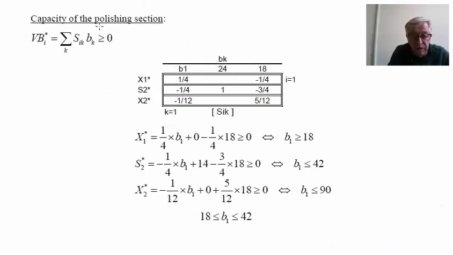So we are going to start with the polishing section, so the first section. And we want to study the changes in the availability of the hours of this resource, so that the list of basic variables in the optimal solution remains the same.